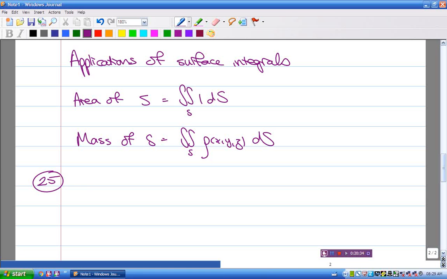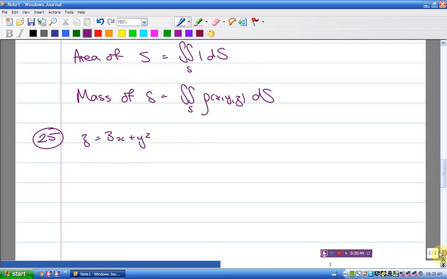So find the area of that portion of, so we want the area, z equals 3x plus y squared, which lies above the triangle in the xy plane. So here they've done the projection for us. Not sure exactly what the portion of surface looks like, but what I do know is that it projects onto a triangle that looks like that.